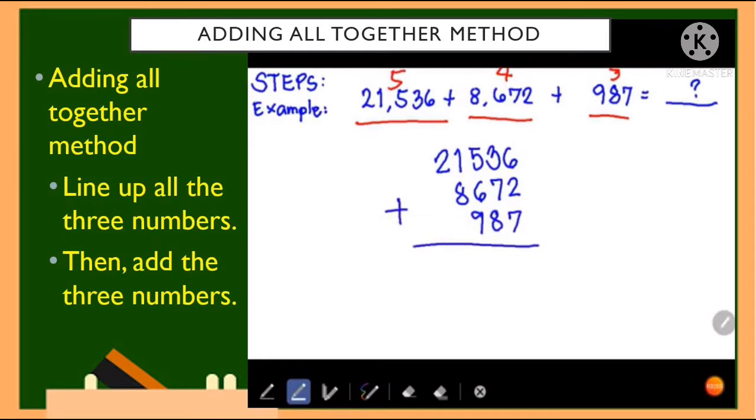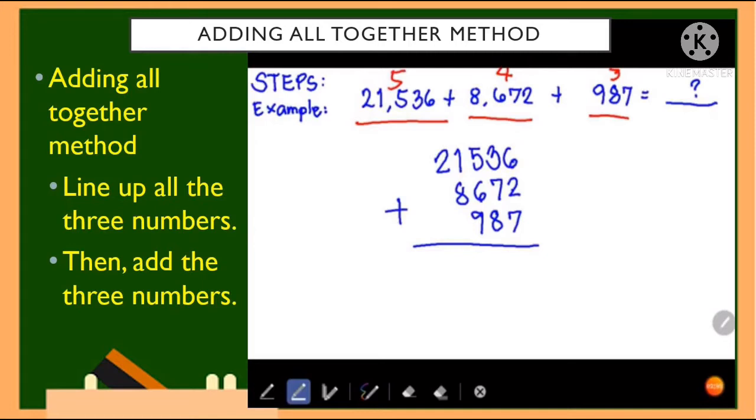Now, after lining up all the 3 numbers, then we will now add them. Okay, we will just follow our step last time that we need to add them based on their columns. And we will start with the ones place column. Okay, so we have 6 plus 2. 6 plus 2 is 8, correct?